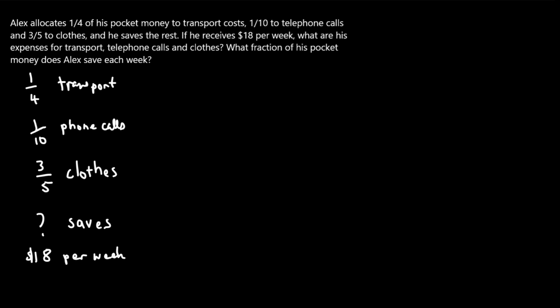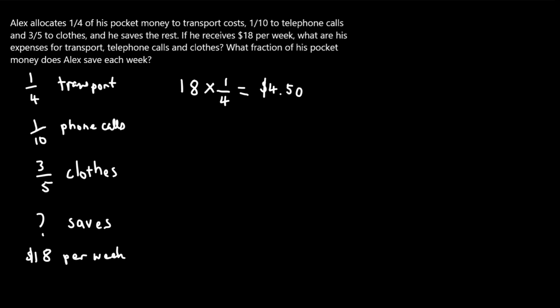Okay, so if he does get $18 a week and 1/4 is spent on transport, what is 1/4 of 18, or 1/4 times 18, or 18 times a quarter, I should say? Well, you can just grab your calculators and work that out, but this will just be $4.50.